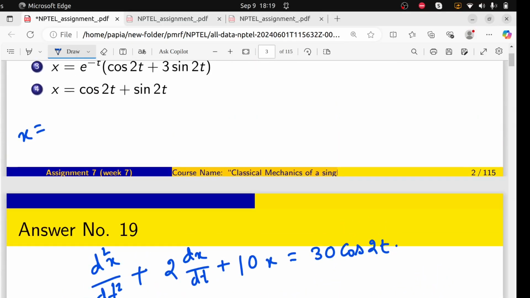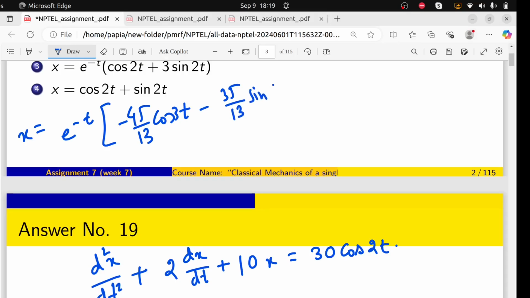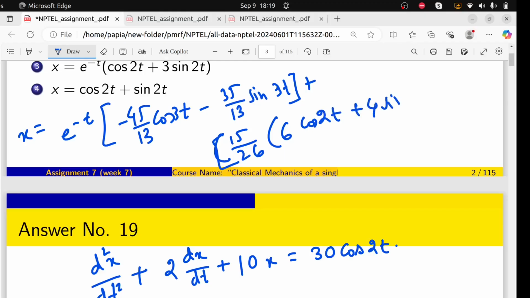Our x will be e to the power minus t, our a is minus 45 by 13 cos 3t minus 35 by 13 sin 3t plus 15 by 26 (6 cos 2t plus 4 sin 2t).